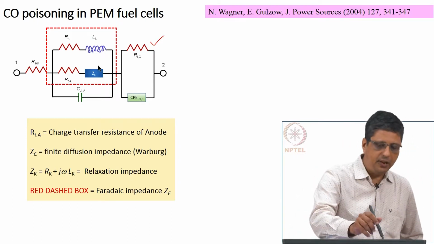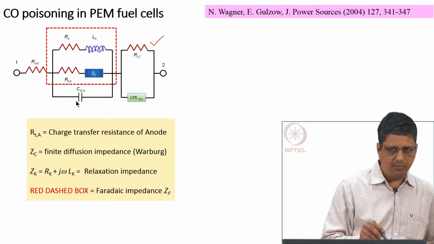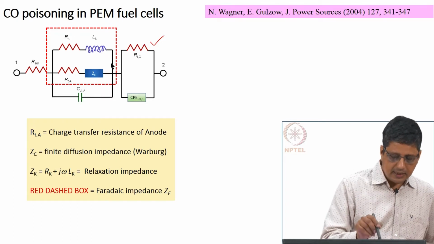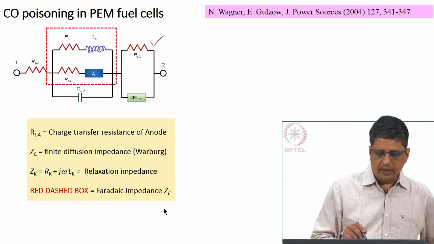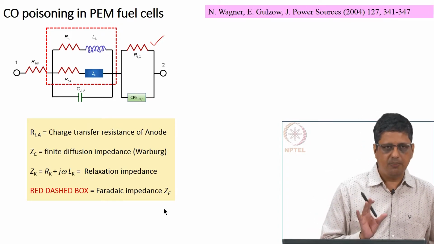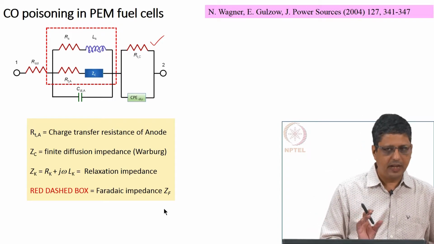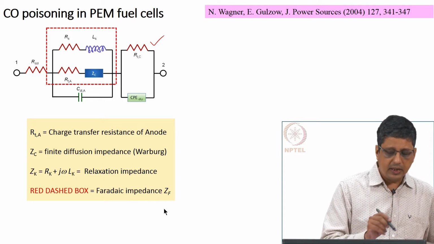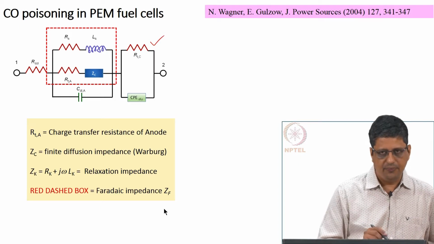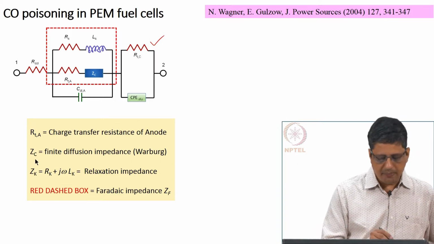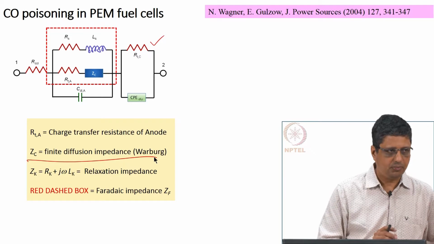Now, in the anode side, for the double layer it can be modeled using simple capacitor. This, whatever is shown in the red dashed box, okay, that is supposed to represent all the processes occurring there, Faradaic processes. So, that is denoted by 1 charge transfer resistance RT of the anode. Second, Warburg impedance, finite diffusion impedance.